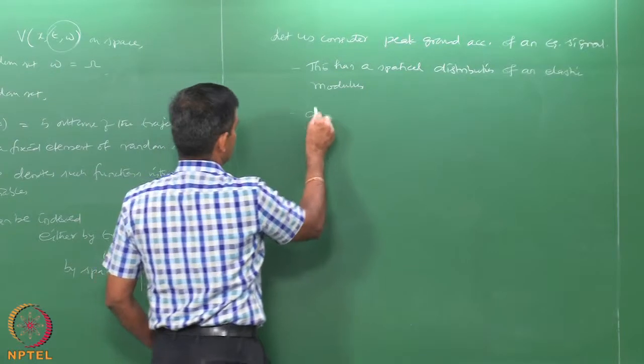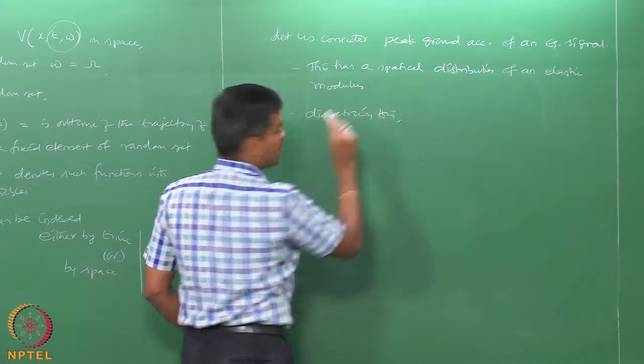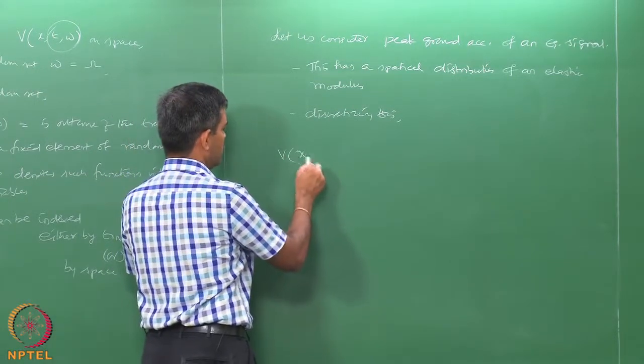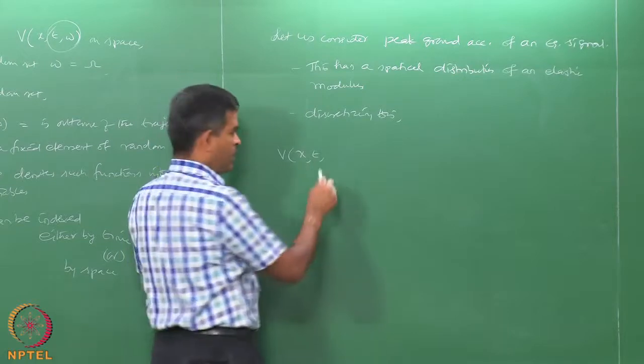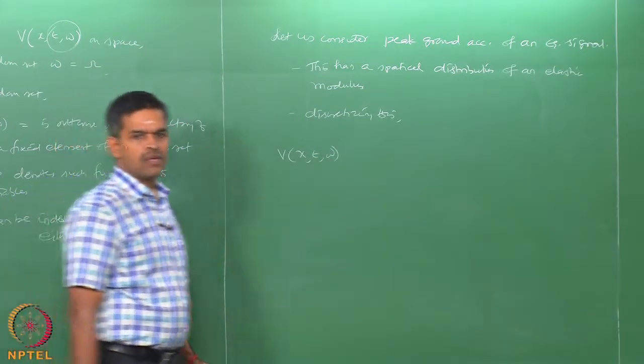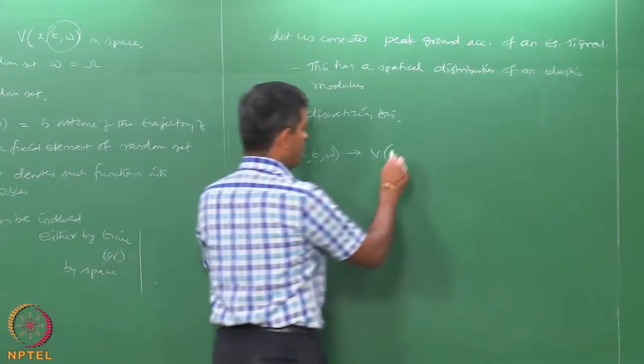So, discretizing this, we can say V of x, t, omega can be taken as V of t, omega.